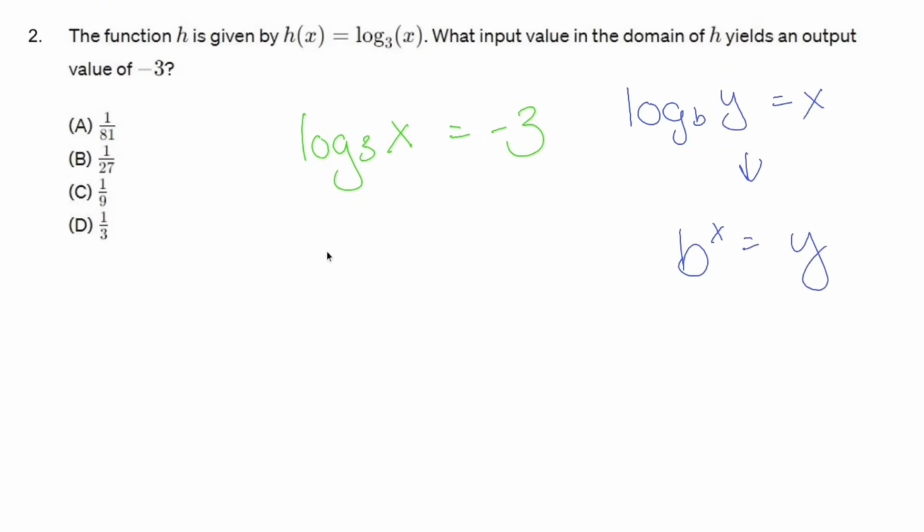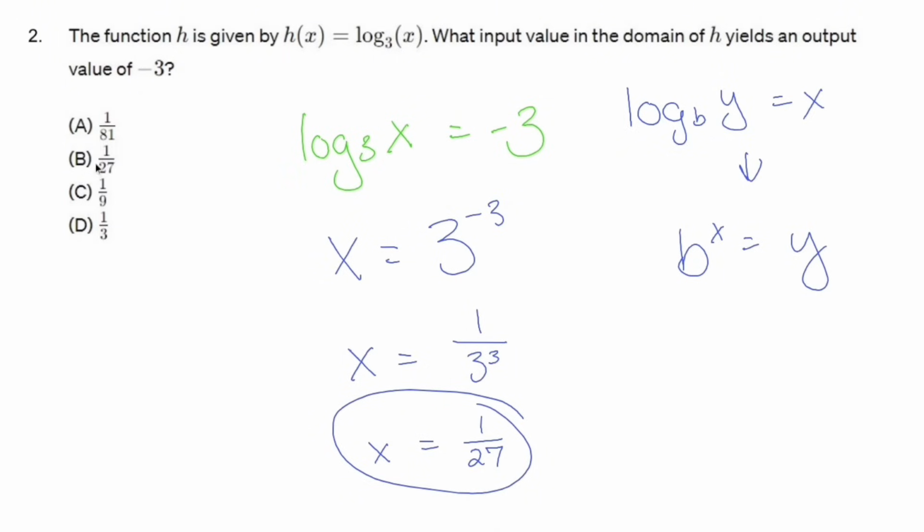You're going to write out x equals 3 to the negative 3, just written backwards. So 3 to the negative 3 is 1 over 3 to the third, and 3 to the third is 27. So x is going to equal 1 over 27, which is B. That's problem 2. I hope this helps.